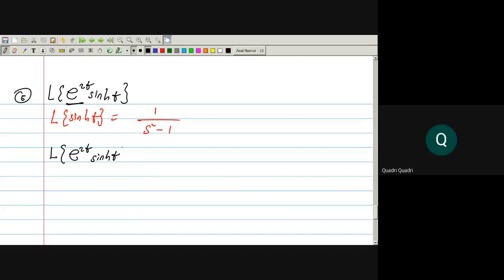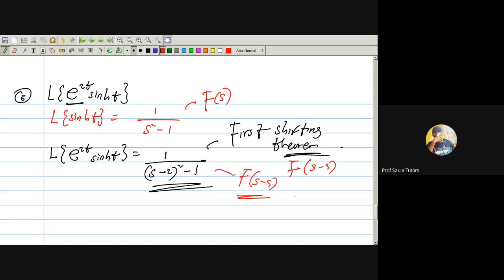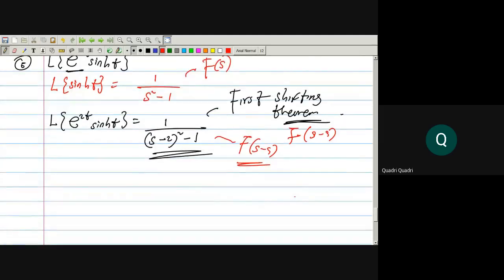Now you have to find the Laplace transform. From this s, this 2. So now s minus 2. This is what we call the first shifting theorem, which is F of s minus a.